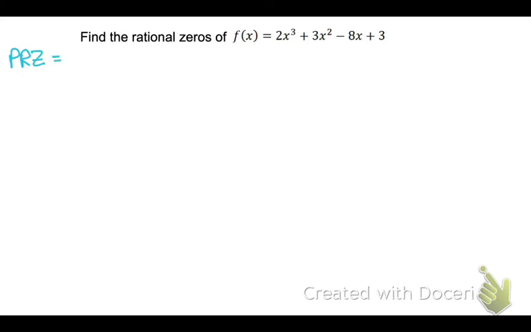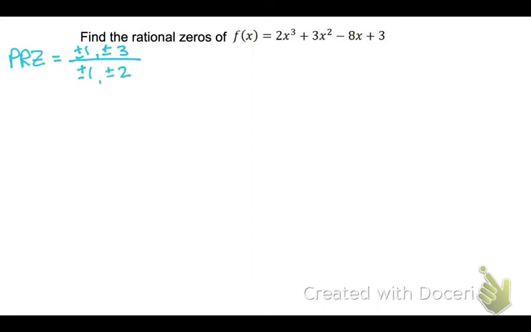Okay, what's on the numerator? Plus or minus 1 and plus or minus 3. It's the factors of the constant, right? What goes on the denominator? 1 and 2, factors of the leading coefficient.